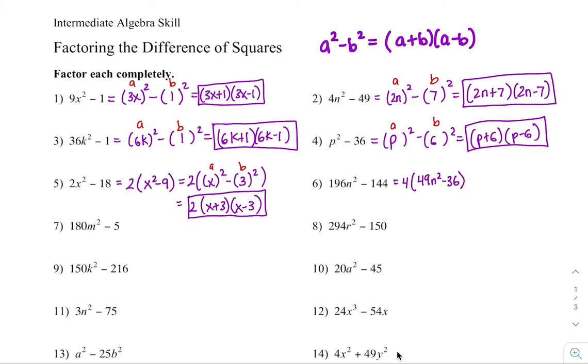Okay, so after you factor out a 4, now you have to think, if I take the square root of both of them, that is probably the easiest way to go about it. Or you just have to think what times itself is 49n squared, and what times itself would give you 36. And the answer is 7n and 6. So this is our a, and that's our b. And now we can just do 4 and factor into a plus b and a minus b. So 7n plus 6 and 7n minus 6.